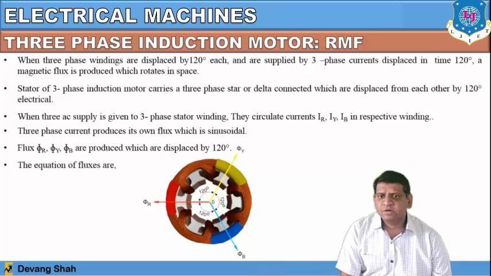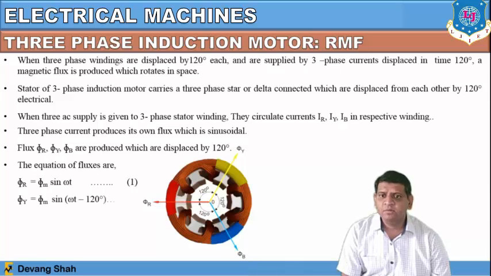As we already know, the equations of flux are as follows. Phi R starts with the angle 0, so phi R is equal to phi m sine omega t. Phi Y, which is 120 degrees apart from the red flux, is phi m sine omega t minus 120.